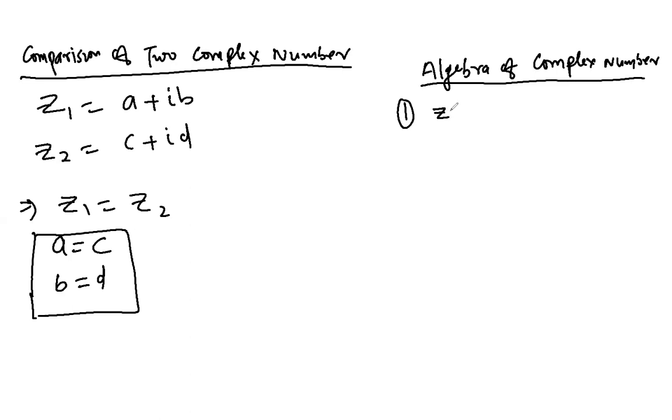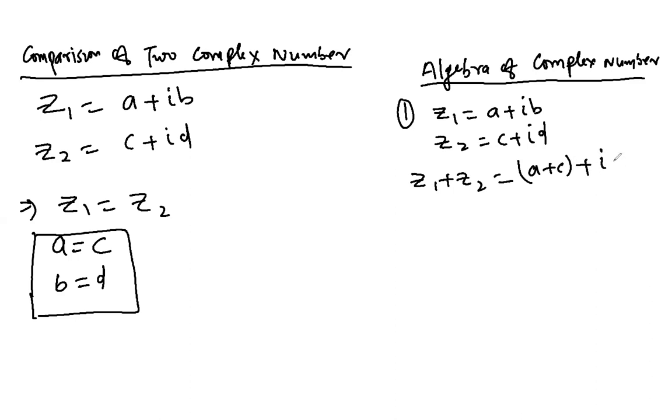So you have one complex number z1 which equals a plus iota b, and z2 which equals c plus iota d. When you add two complex numbers, it will be a plus c which is the real part, then with the iota symbol b plus d. Clear? So this is the two complex number addition.